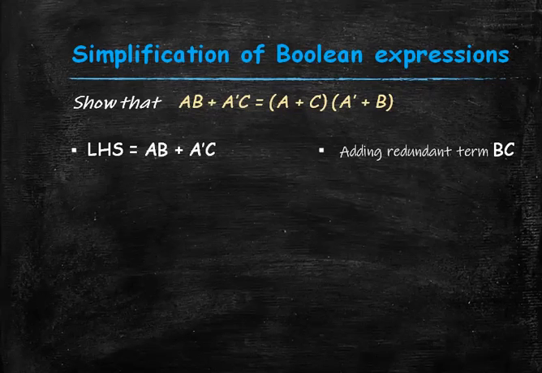Then we can add a redundant term BC here. It will not change the truth table.